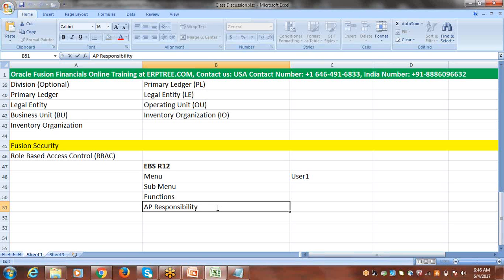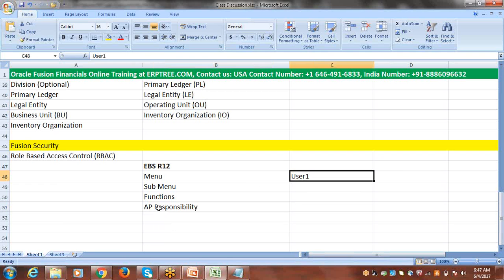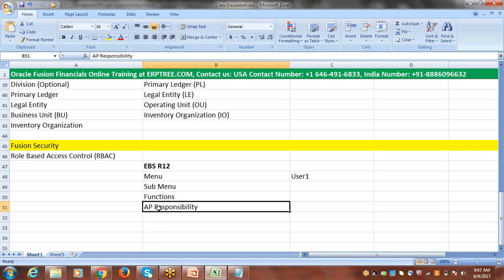But the simple point is, when this user is going to work on this AP responsibility, AP is specific to operating unit, an OU specific application. So you have to specify which operating unit the user can have access to when working on this responsibility. That means you have to assign an operating unit to that responsibility, as well as a primary ledger association.